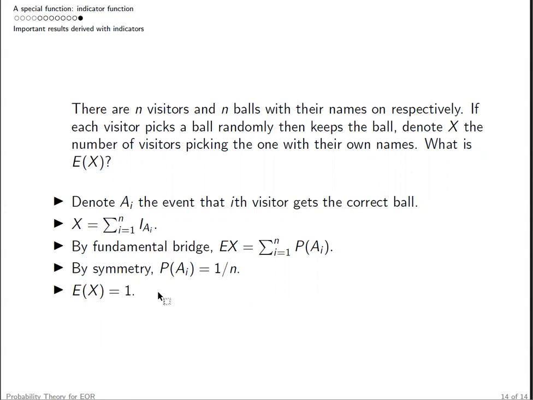It shows that with the help of indicator functions, we link directly the expected values with probability values. And there are many important results that can be easily derived with the indicator functions. If we don't apply the trick, it can be very messy, but once we get the help from indicator random variables, everything can be solved in a much easier way.